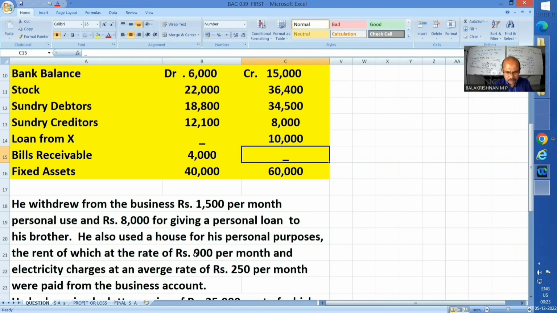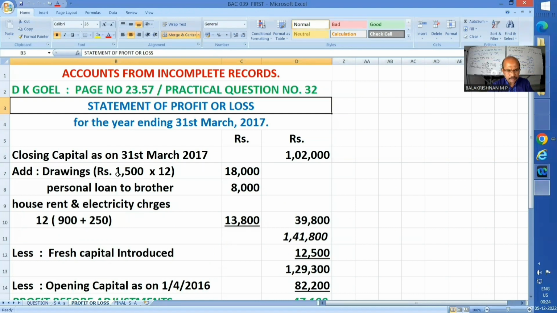These are all personal things only. So that we are taking up here. Drawings: cash drawings, 18,000. Personal loan to brother, 8,000. House rent and electricity charges, 900 plus 250 for 1 year. So everything together comes to 39,800.